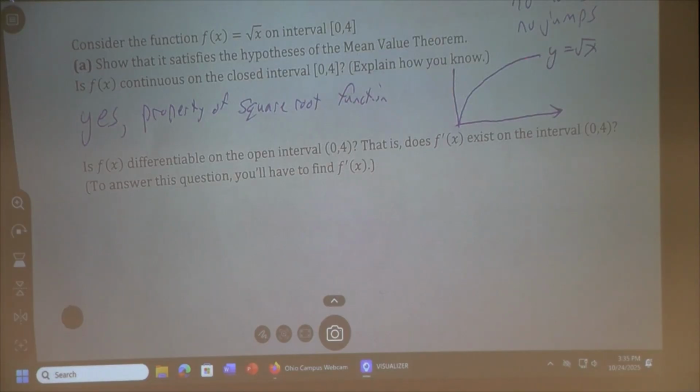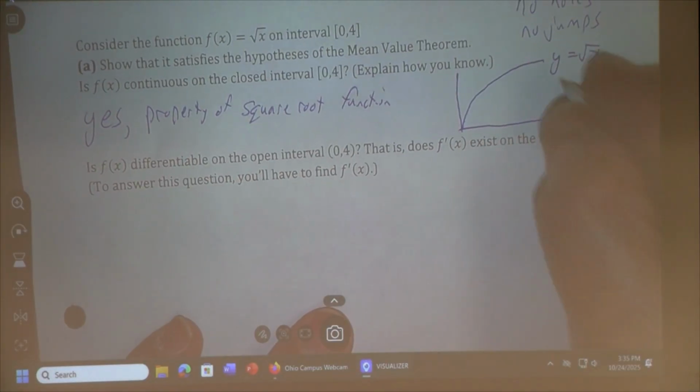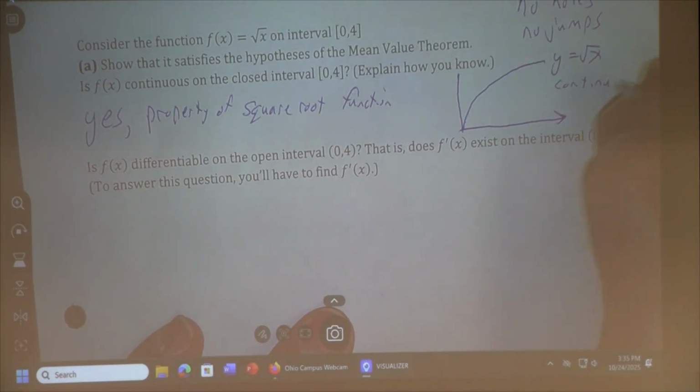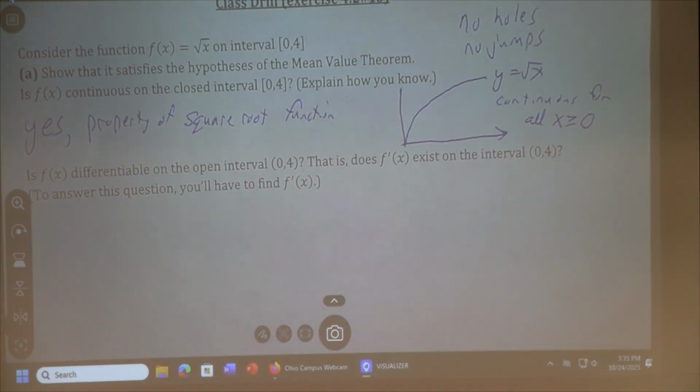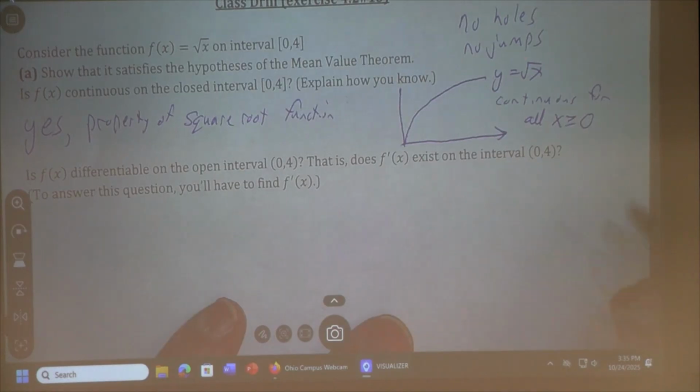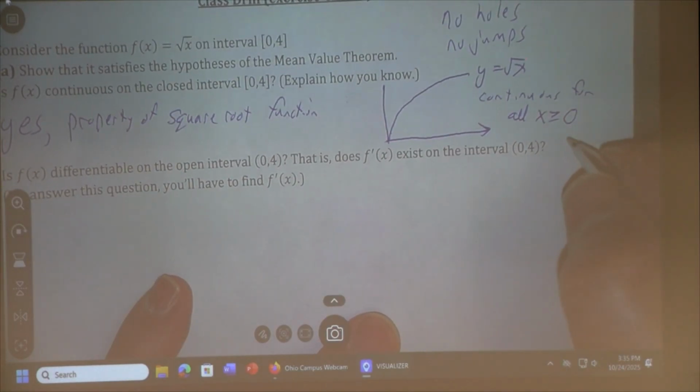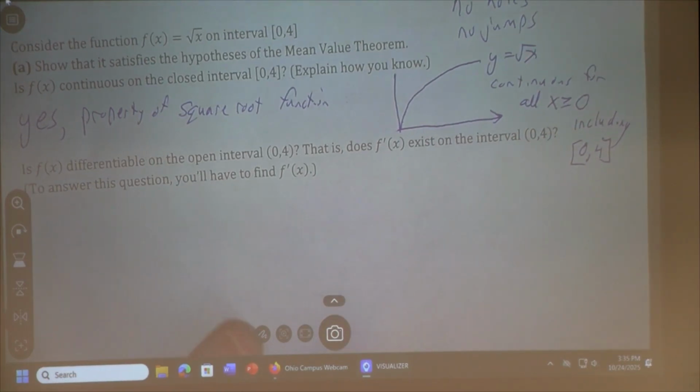So this basic function is continuous for all x greater than or equal to 0. So it's definitely continuous on 0 to 4. I'm going to say all x greater than or equal to 0, including from 0 to 4 with the endpoints. Now, how do we address the issue of differentiability?